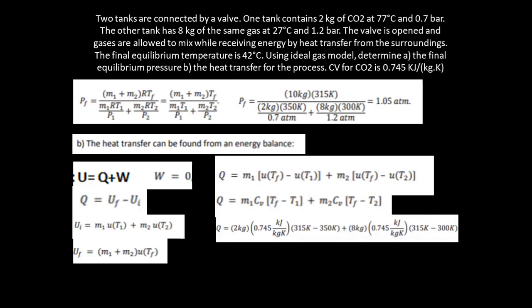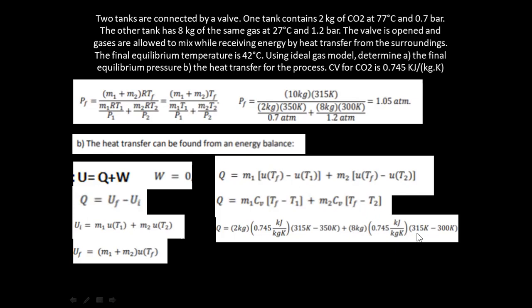at 42 degrees Celsius converted to Kelvin, that is 315 Kelvin, minus the temperature at our first tank at 77 degrees Celsius, or in Kelvin, that is 350 Kelvin, plus M2. M2 stands for the mass of carbon dioxide at the second tank at 8 kilograms, multiplied with our specific heat at 0.745 kilojoule per kilogram Kelvin, multiplied with the following quantity, TF minus T2.